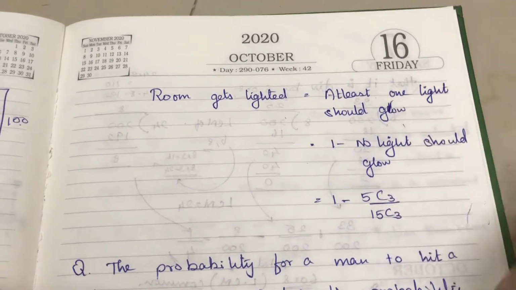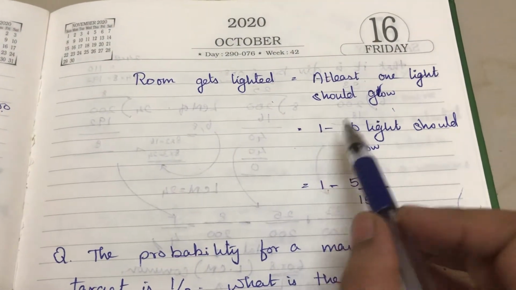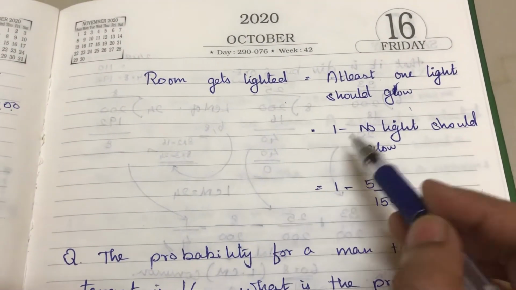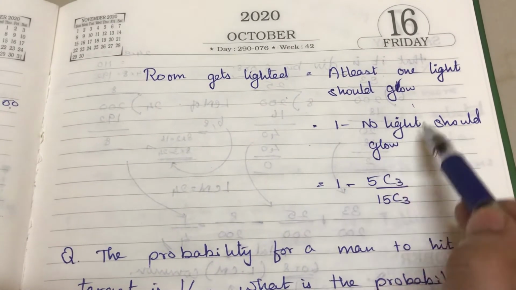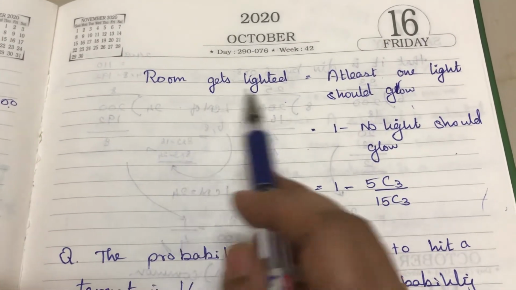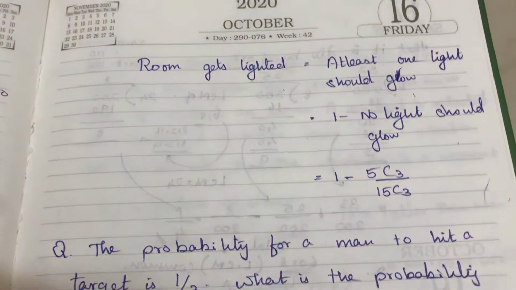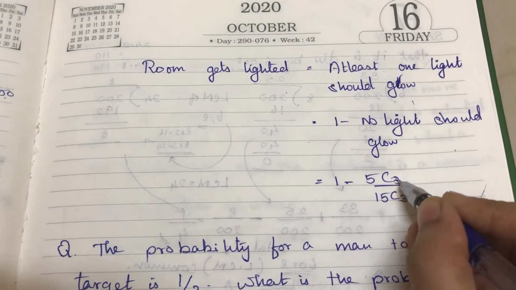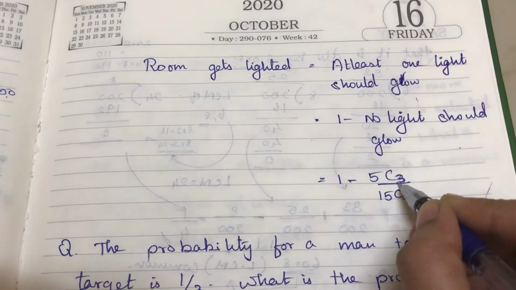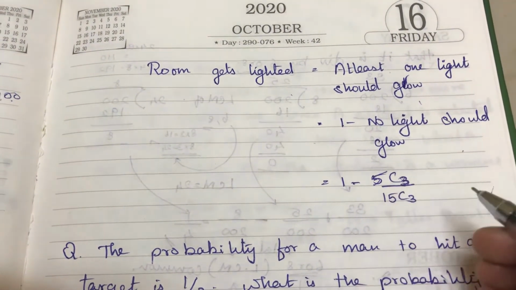So the room gets lighted means I can say at least one light should glow. So I can write this as 1 minus no light should glow. 1 minus no means it will be the positive one. Room gets lighted. So I can easily say 3 bulbs I needed, favorable, and 5 are fused.